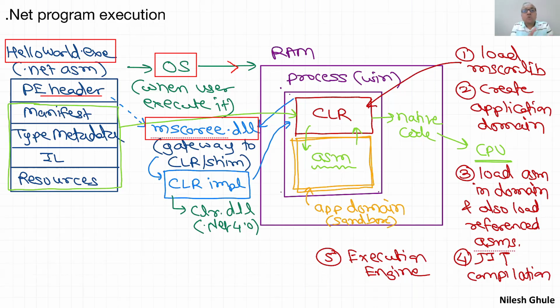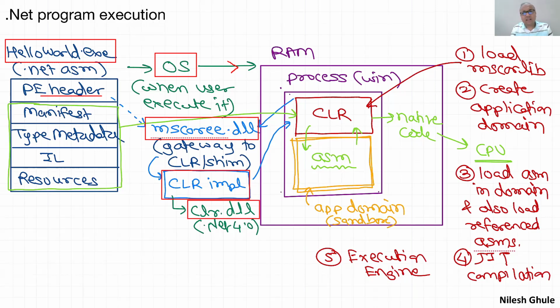So as soon as your application gets into the RAM, whenever the exe is loaded, it will try to call mscoree.dll, which will be loaded in the same process. And then that mscoree.dll will internally call the actual CLR. What is the actual CLR? In .NET 4 and onwards, the CLR is implemented as clr.dll.